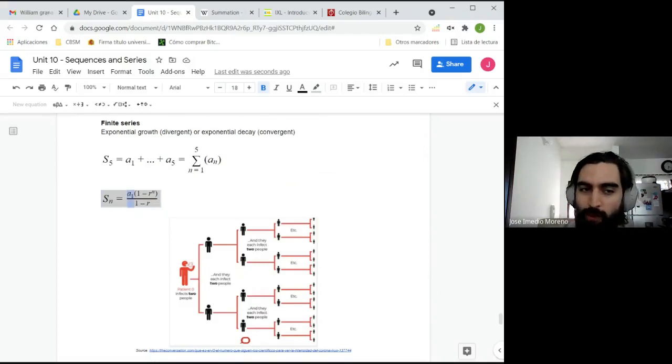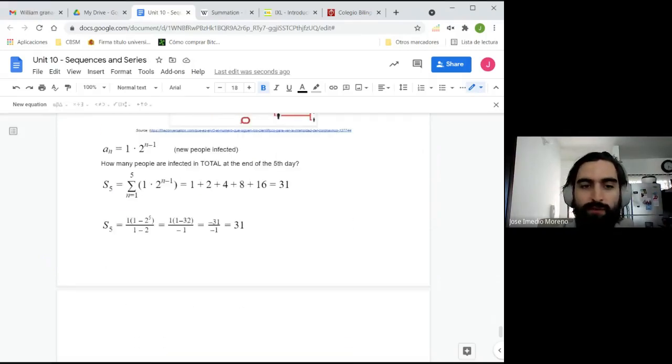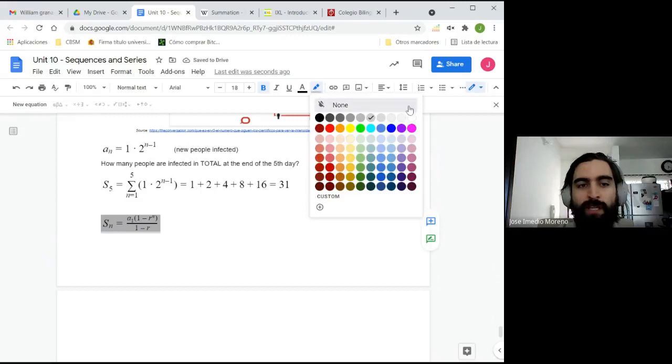It's a sub 1 times 1 minus the ratio raised to the power of n, okay? Divided by 1 minus the ratio. And this formula gives me any term of the series that I want.